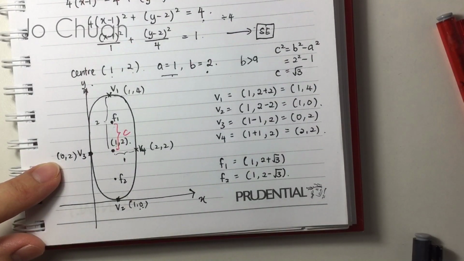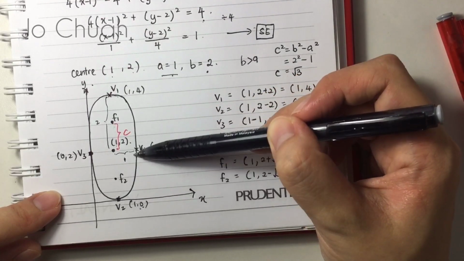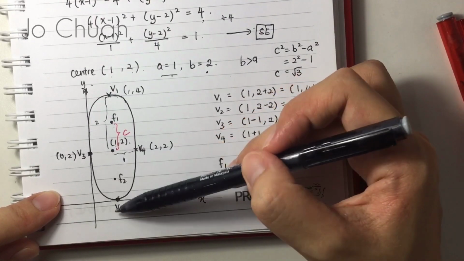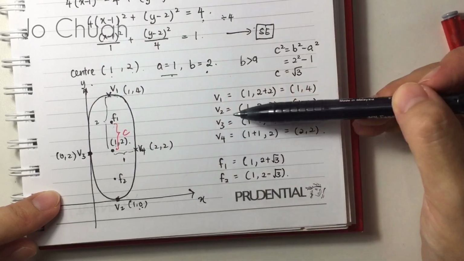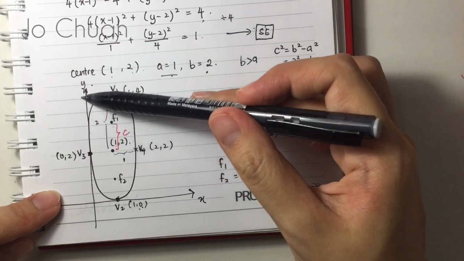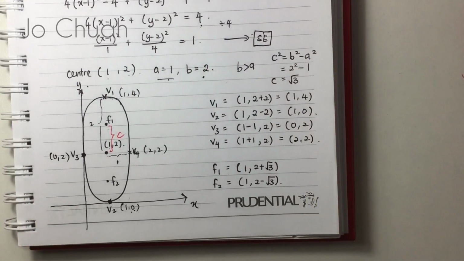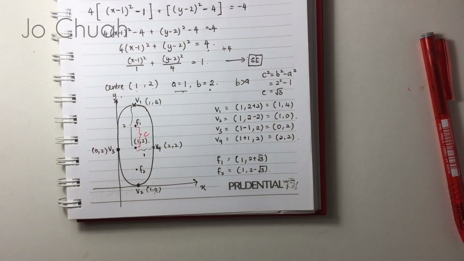Okay, remember you have to have the correct shape, all the points, there are 6 here, alright, and the center and the axes to get the full marks. Okay, so I'm going to zoom out for you to see.